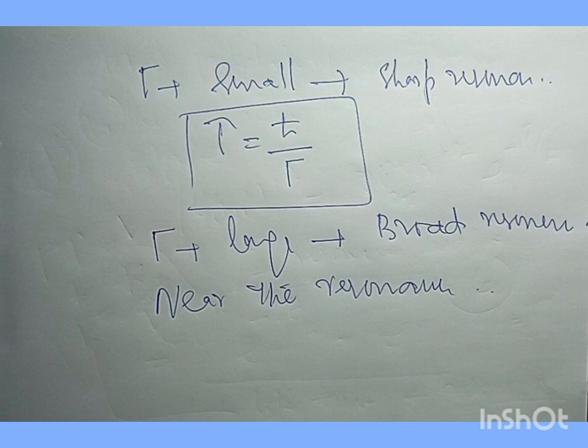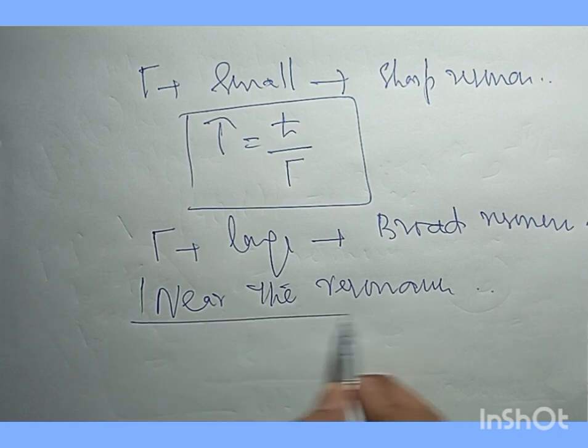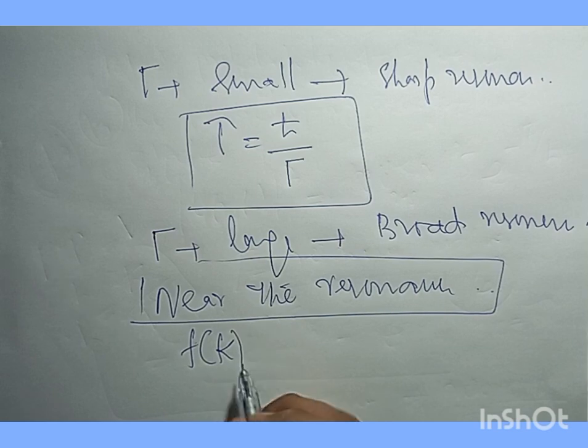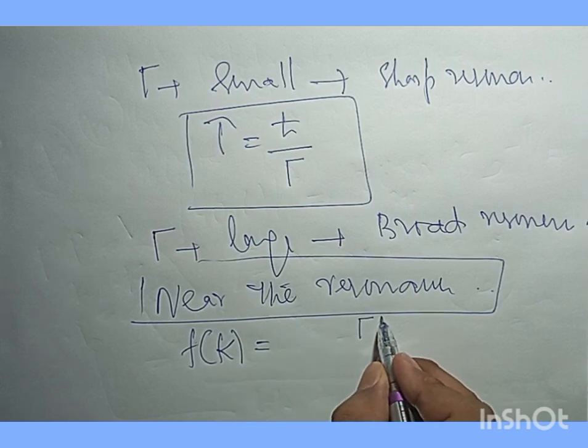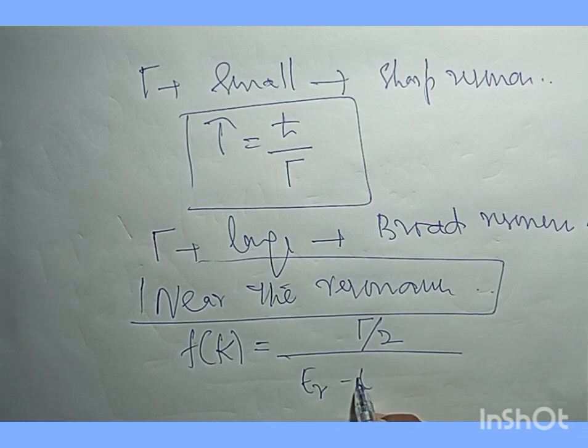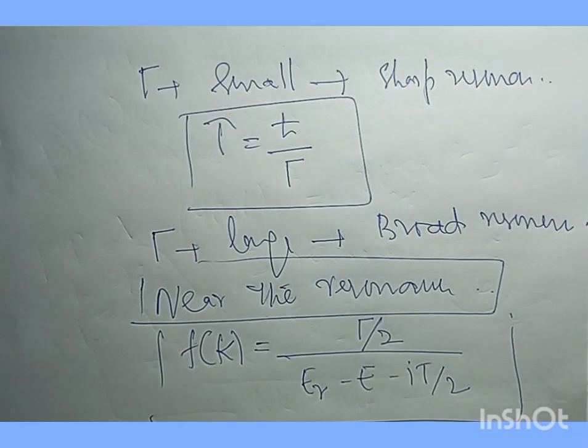If I do that, near the resonance we have this f of k, the scattering amplitude as a function of k. This f of k is the resonance width divided by 2, divided by ER minus E, then minus i Γ by 2. If you go back to the classical physics of 12th class, you have a similar kind of equation, even though there are roots and all that.